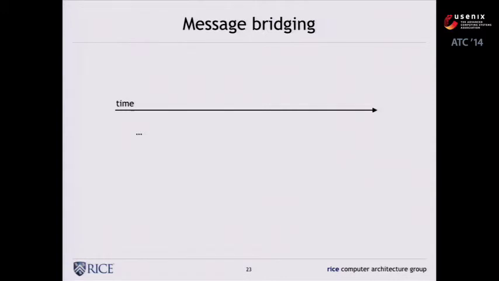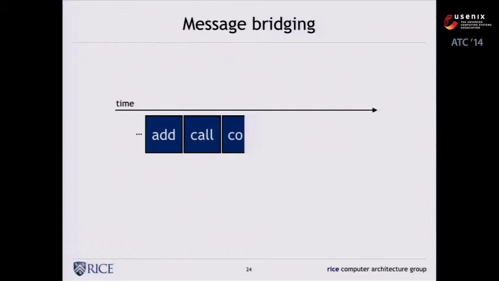So let's say we're going along here and we're executing bytecodes. We're doing the background math that we're trying to do for our little microcontroller application. I add some data, I call a function, I'm going to call another function, but all of a sudden I get a button press.